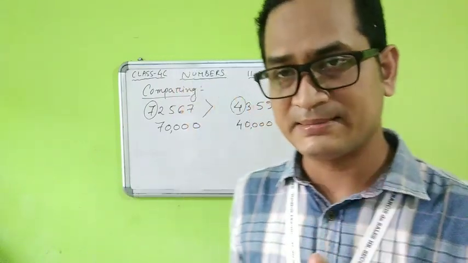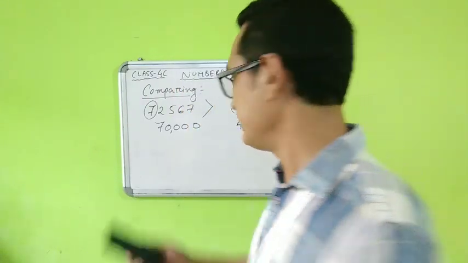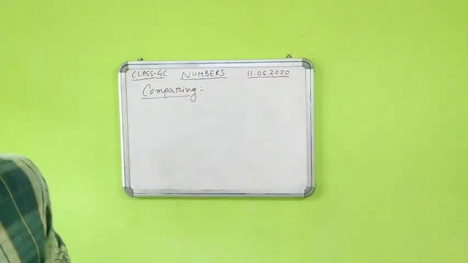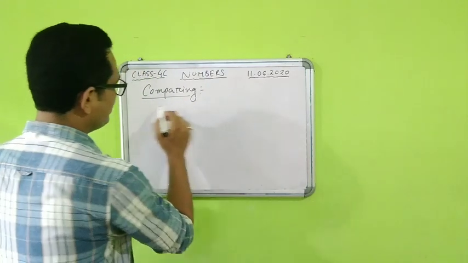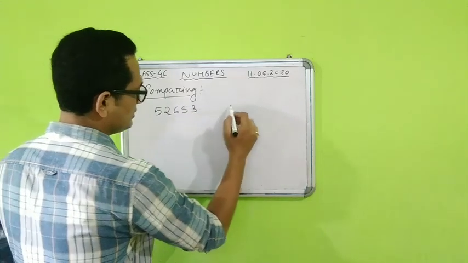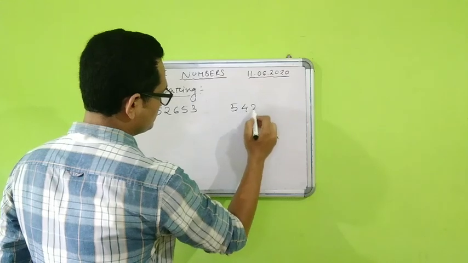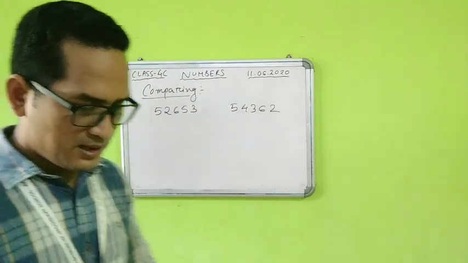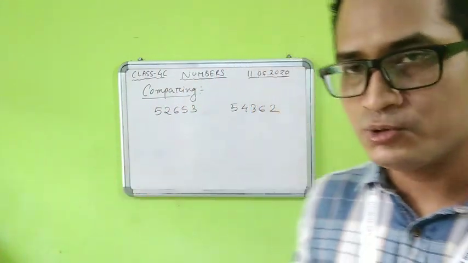Suppose the extreme left-hand side digit, or the highest place, is the same. Then what will we do? Let us take one example. Suppose I have taken two numbers.